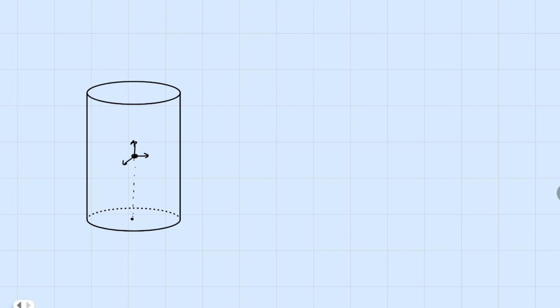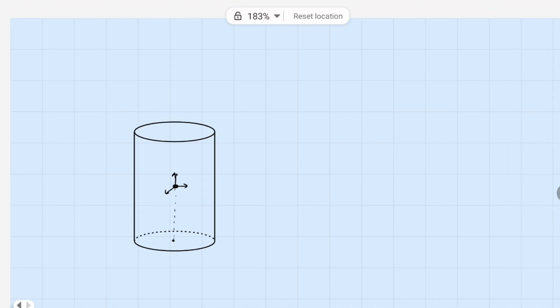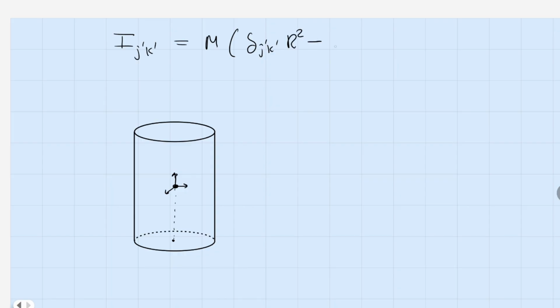Perfect. If we remember the previous lesson, we showed that the parallel axis theorem says that if we want to find a new inertia tensor associated to a new coordinate system, we can calculate it as m that multiplies the Kronecker delta jk r squared minus rj rk, plus the inertia tensor of the center of mass jk.